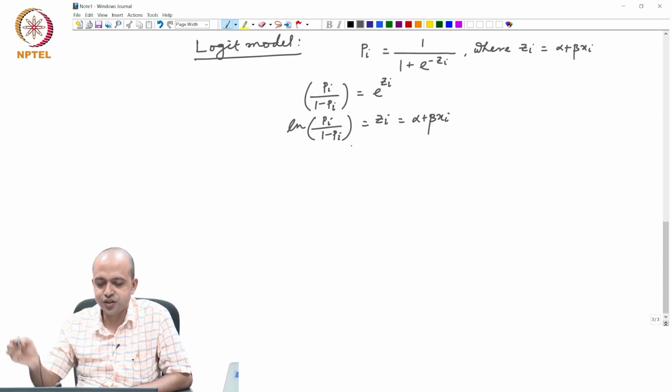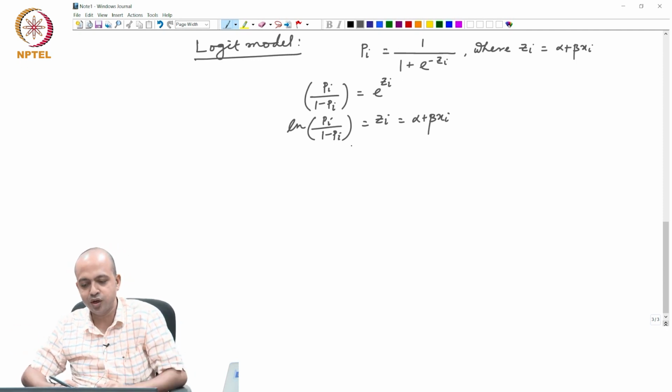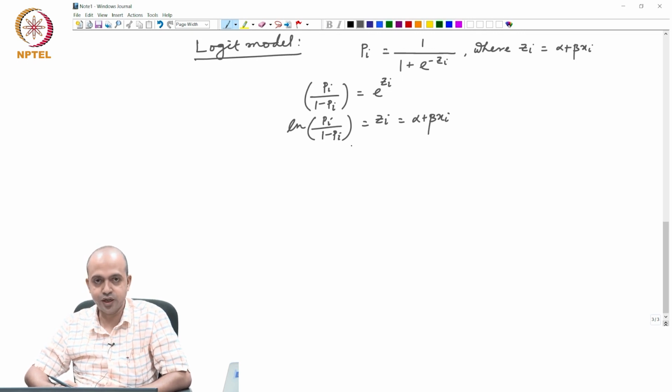Then you can estimate this model, because now it becomes a linear model.